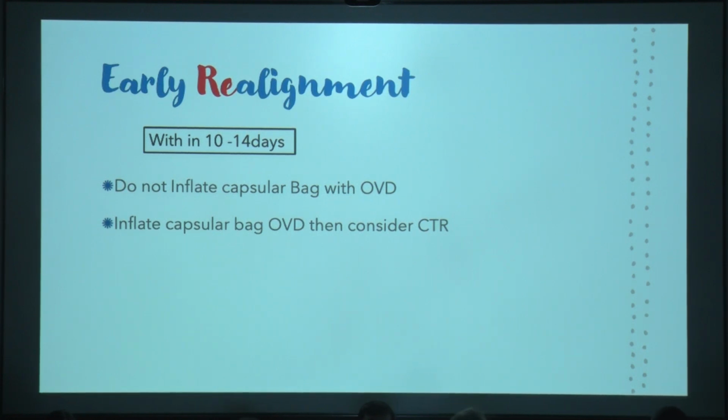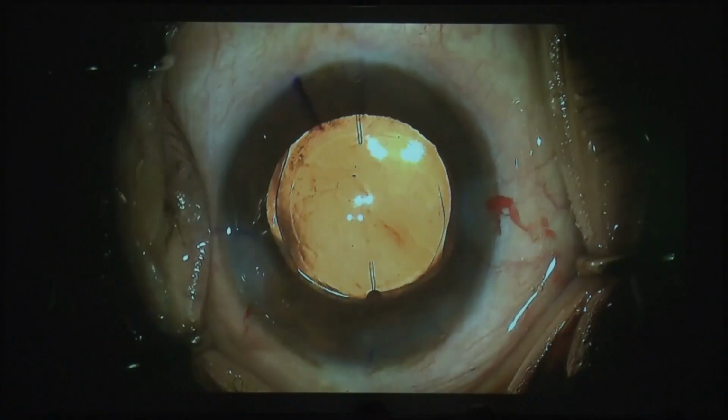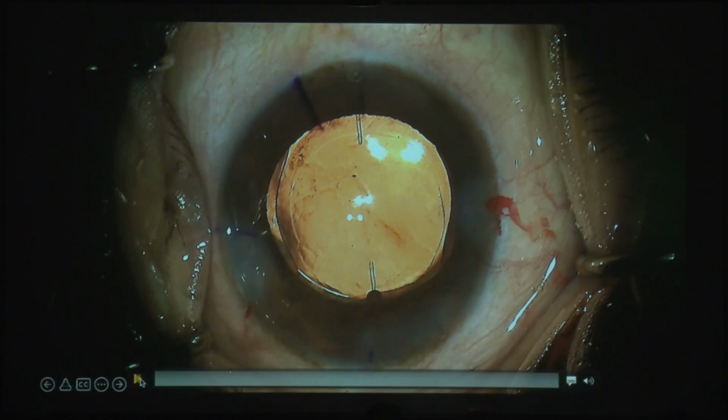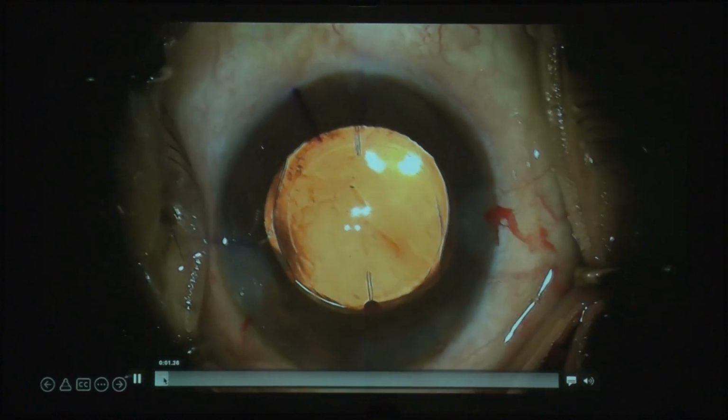If you go beyond 3 weeks, even then you put a little bit of OVD within the capsular bag and rotate the lens, because if you fully inflate the capsular bag, the chance of rotation of the lens is higher in those cases. And I think this is not very difficult, rotating a lens.